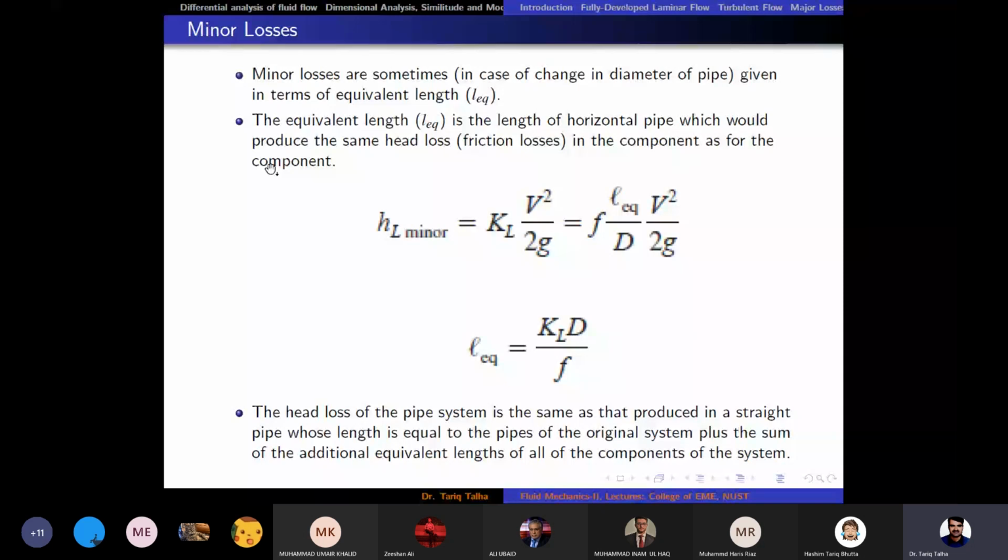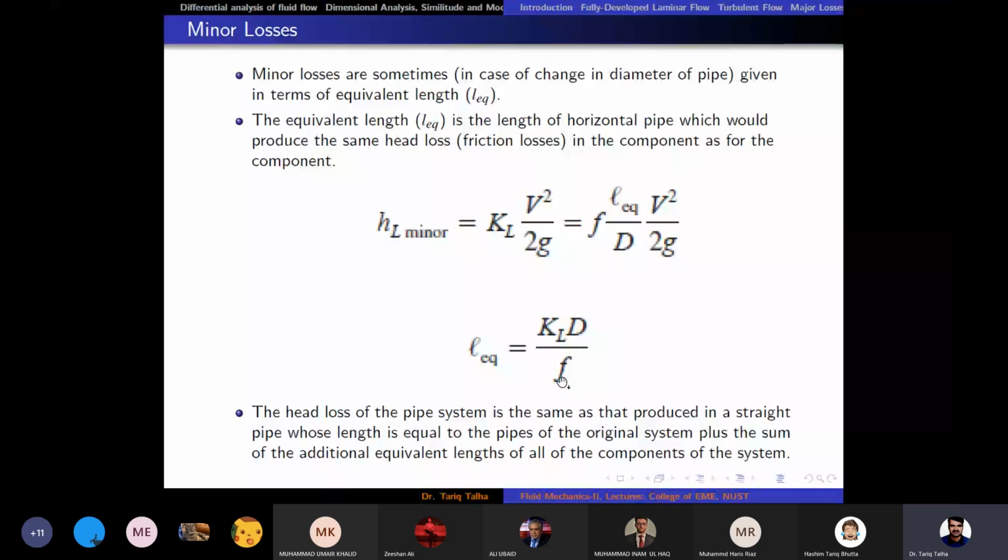So HL minor is equal to HL major, and because we are equating those two losses, V square upon 2G would be cancelled out, and KL would be equal to L equivalent upon D. From here, L equivalent would be equal to KL D upon F.